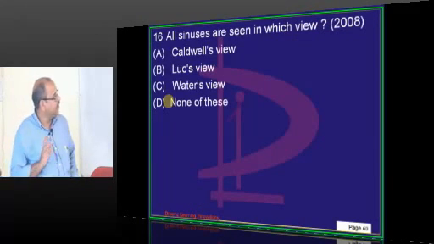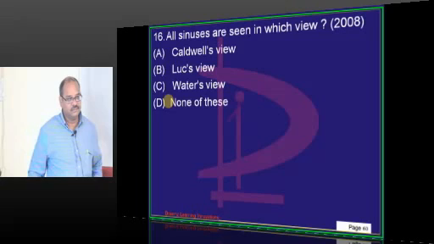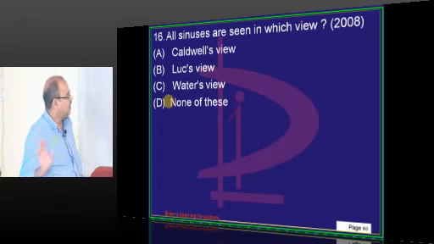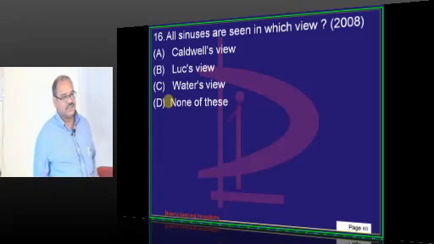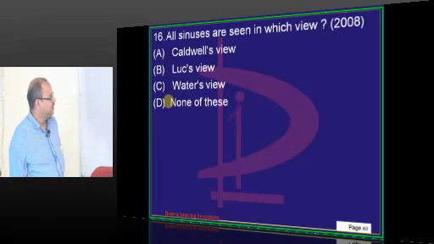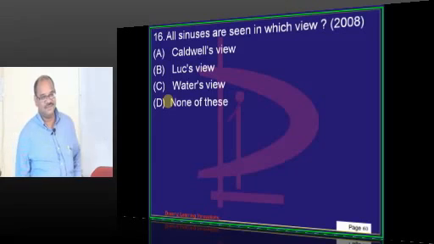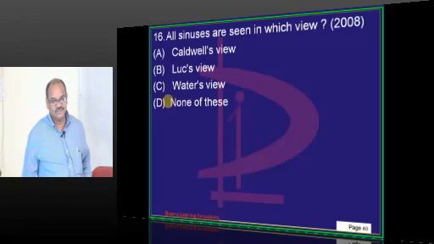All sinuses are seen in which view? Caldwell, Waters, Lateral, none of these. Have you seen any paranasal sinus X-ray?